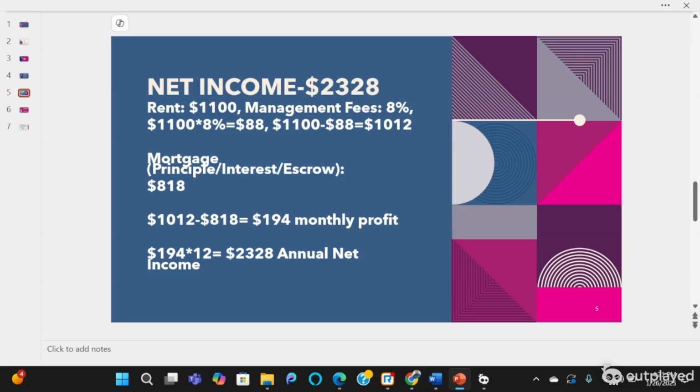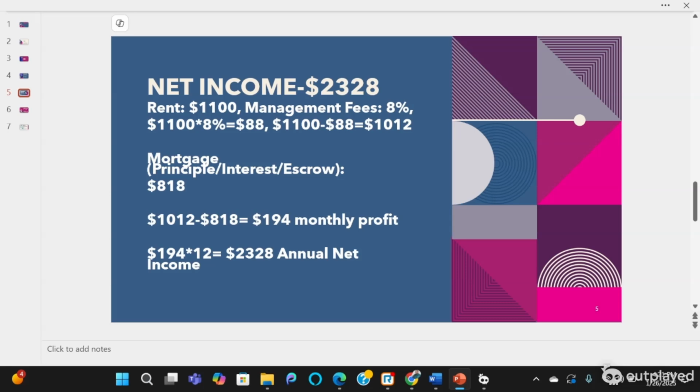Now, as a landlord or as a homeowner renting out that investment property, you still have to make your mortgage payment every month. So if the estimated mortgage payment to service that loan is $818 a month, what you would do is take what's left from that rent after property management, $1,012 minus $818.